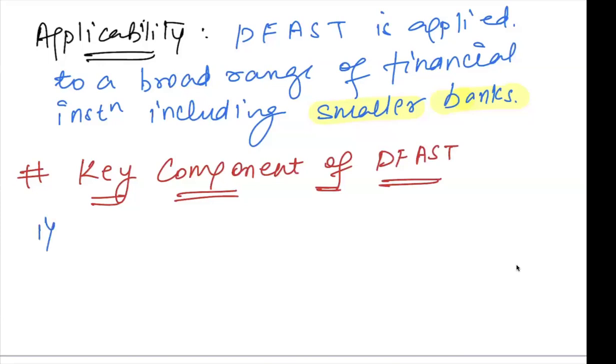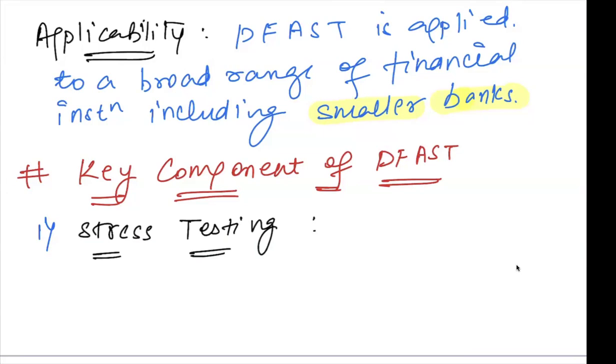Of course, because the name only suggests stress testing. Like CCAR, DFAST also involves stress testing under various economic scenarios provided by the Federal Reserve. These scenarios are designed to evaluate how banks' capital levels would be affected by different types of economic stress.